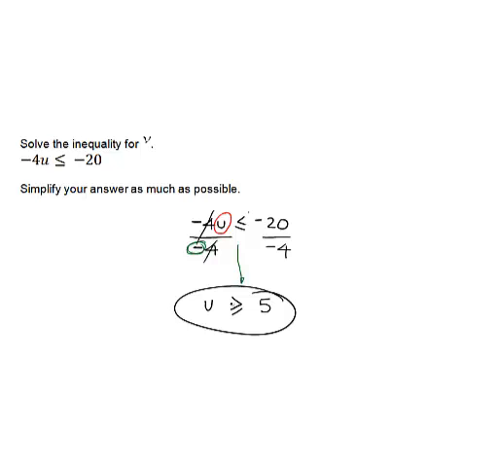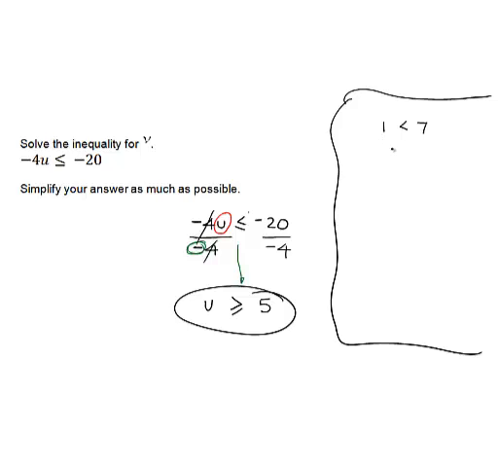And the reason it's different for multiplication and division by a negative number, let's think to ourselves here for a little bit. Let's say I started off with a true statement. We'll say 1 is less than 7, right?